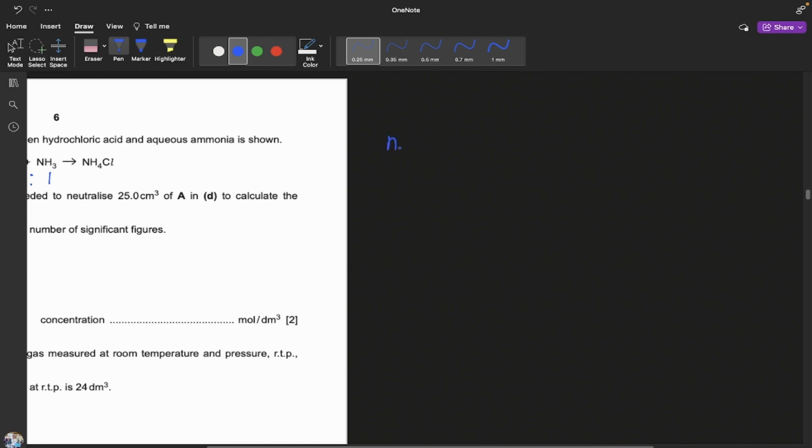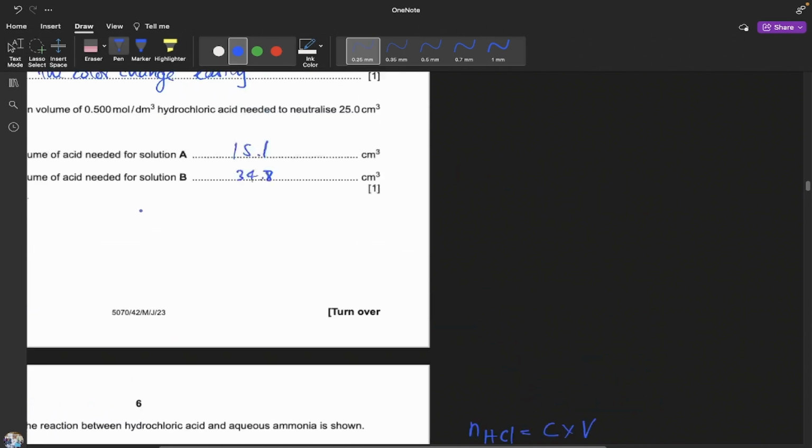So first let's find the moles of HCl. To find the moles of HCl, we need to multiply the concentration with the volume. Concentration is already given, 0.5 mole per decimeter cube. And the volume is given. This is the volume of the base, ammonia.